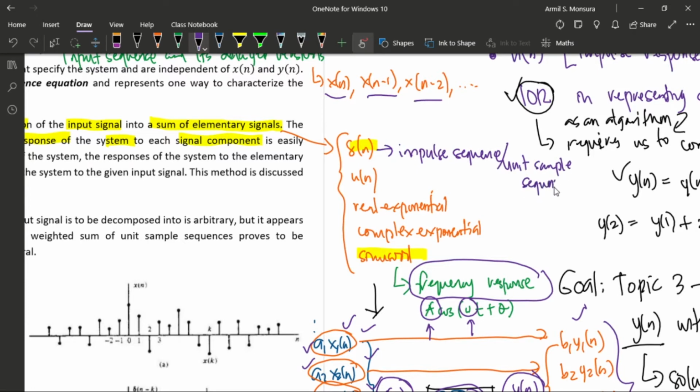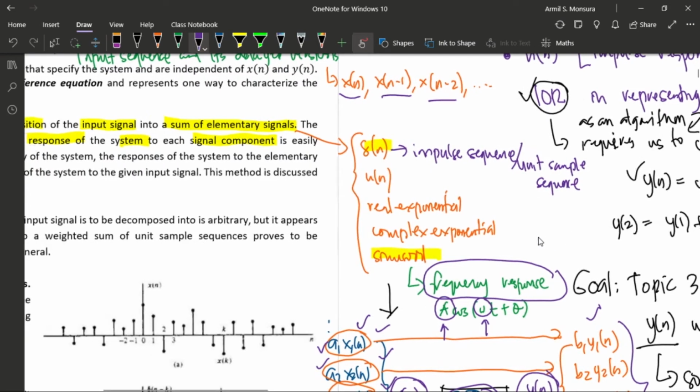So no wonder na convenient choice ang delta n as a way to break down your input signal into a sum of unit sample sequences. Dahil ang gagawin nga natin is that our system would be represented by h of n.